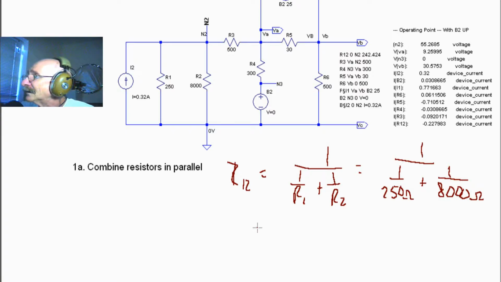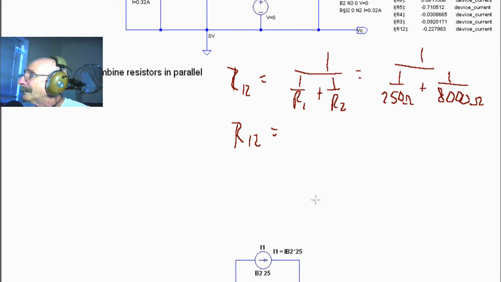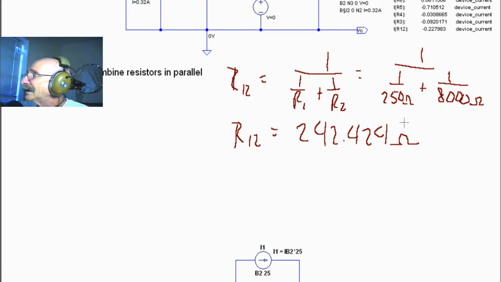I'm not going to sit here and work all this out. If you want to, you should know how to do this calculation. This number comes out to 242.424 ohms. So it's not going to be a pretty looking picture when we get done with it.